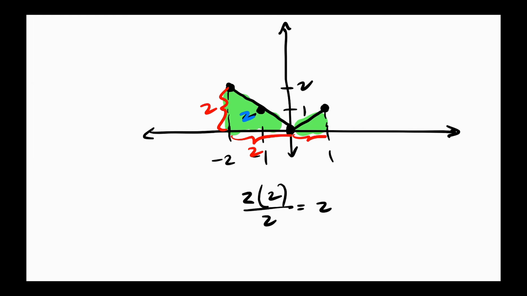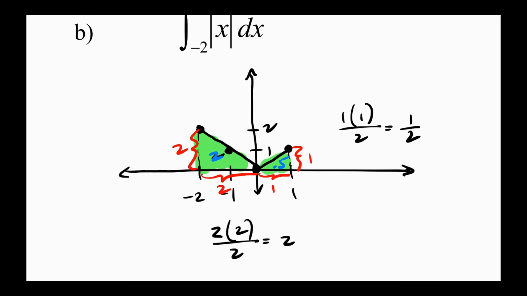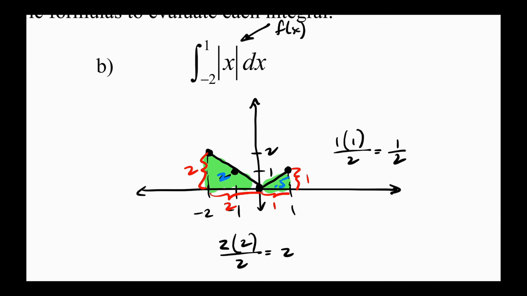This guy here has a base of 1 and a height of 1. 1 times 1 divided by, sorry, 1 times 1 divided by 2. 1/2, right? 0.5. Add them together. 2.5.